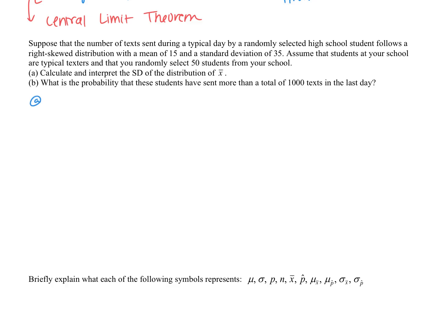Okay, so standard deviation of X bar. Standard deviation of the population, which is 35, divided by the square root of n, which is 50, gives us a standard deviation of about 4.95. This is the standard deviation of X bar.